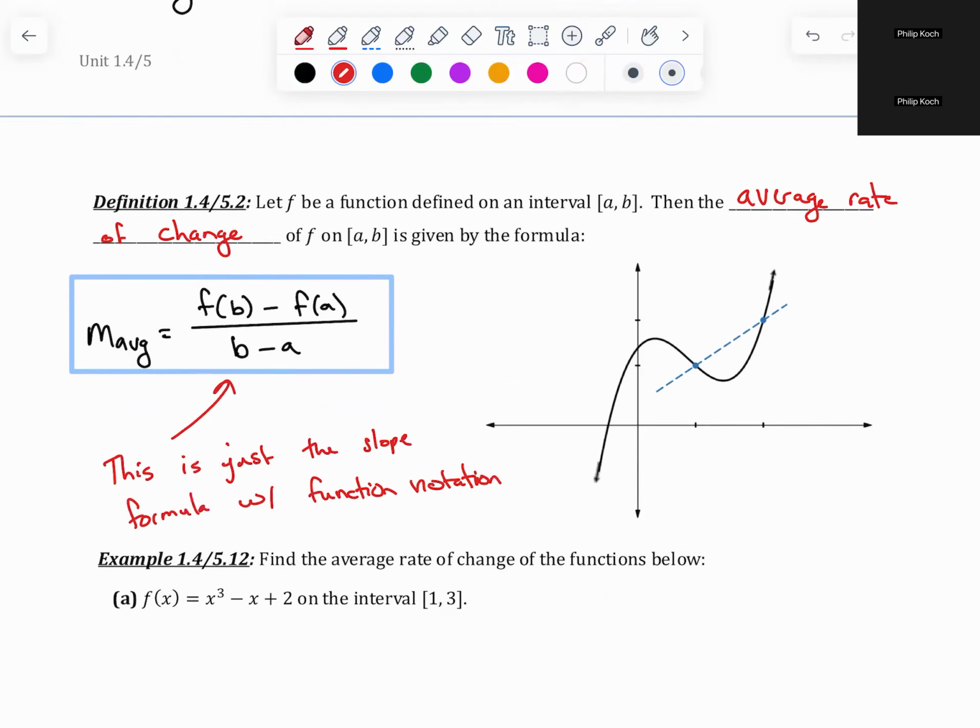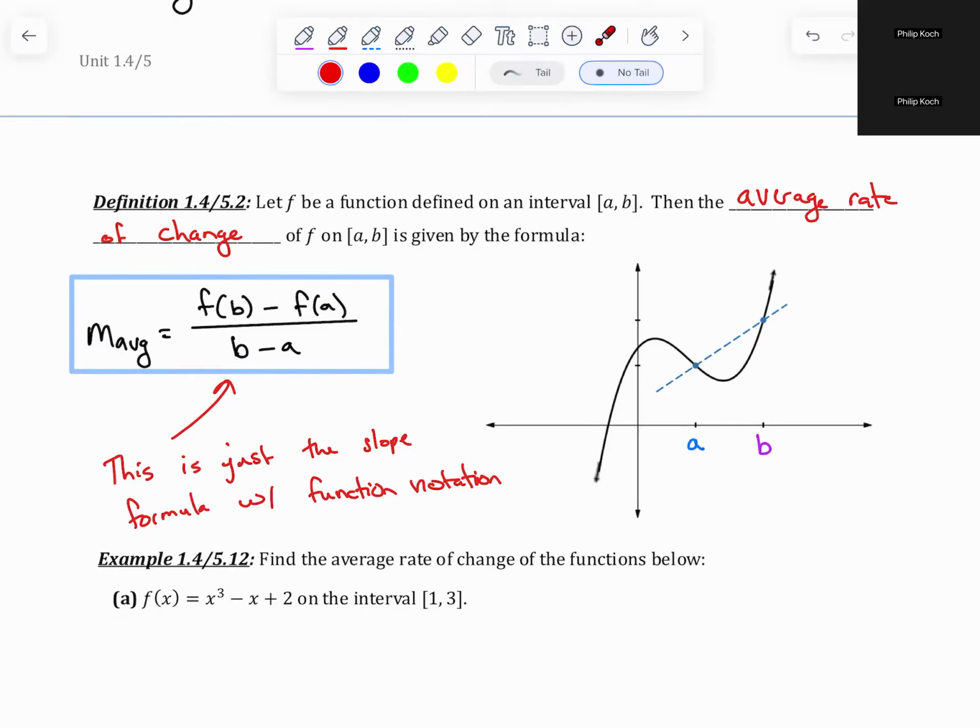Because we need to understand our concept of functions. It's very, very important. So we've got an interval A to B. Let's label these points right here. This is A, and this is B. Then the y value of the point that has an x value of A is the function value there.